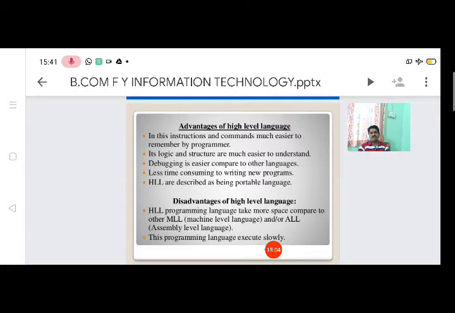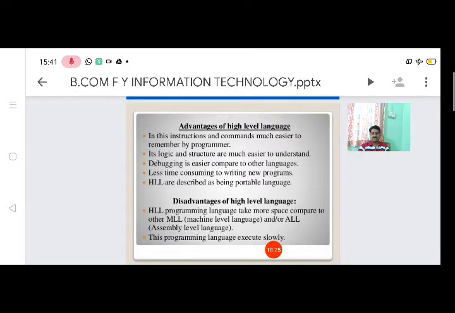Some disadvantages. The first disadvantage of high level language, a high level language has to be translated into the machine language by a translator which takes up time.